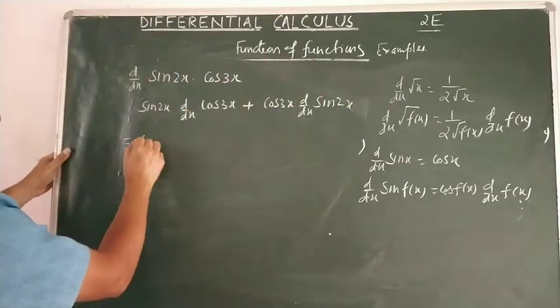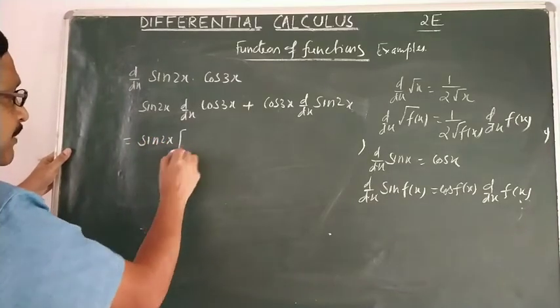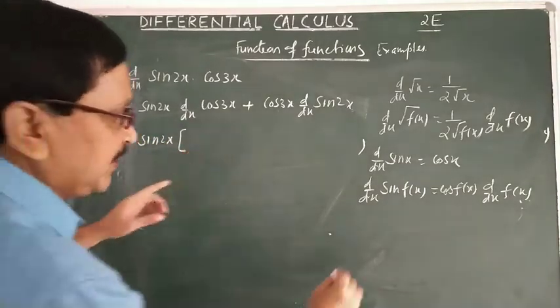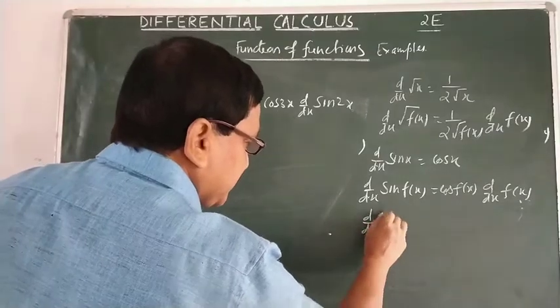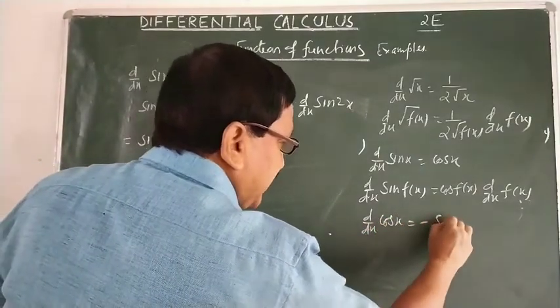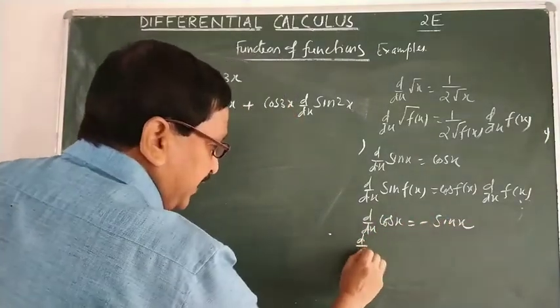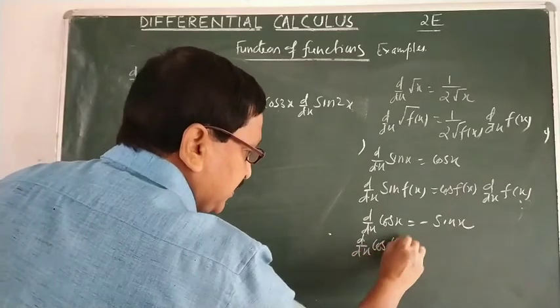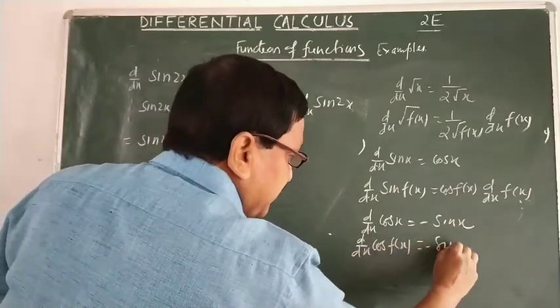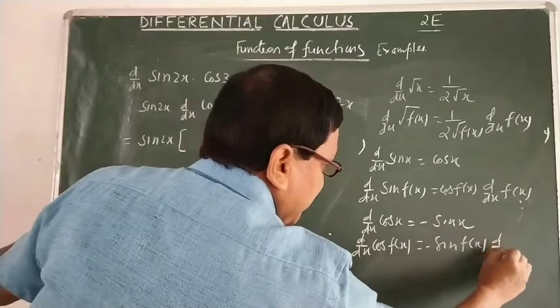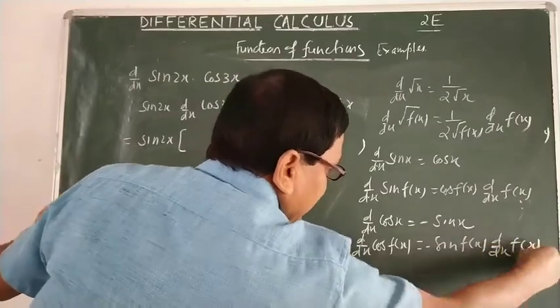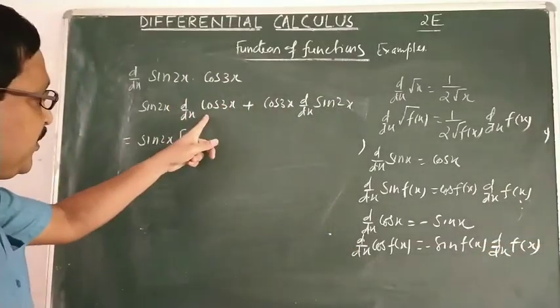Now this is sin 2x, and differentiation of cos 3x: d by dx of cos fx is minus sin fx into d by dx of fx. So this long formula is to be used.